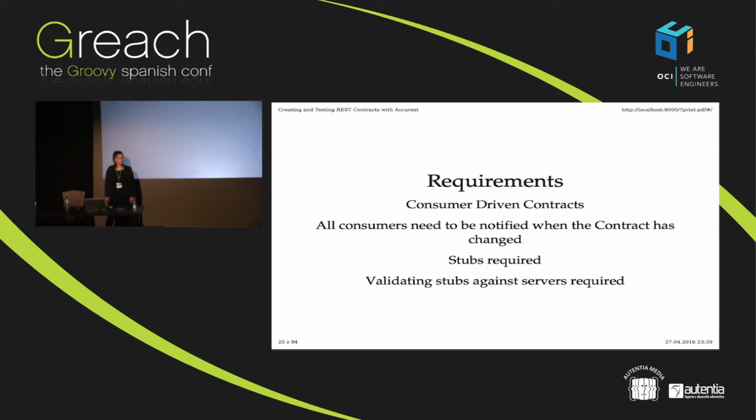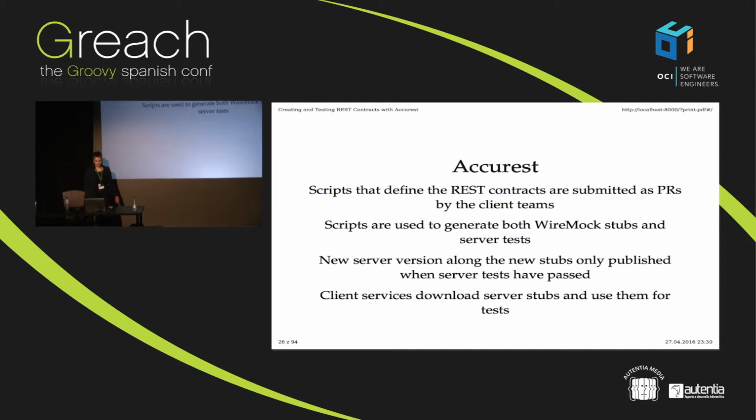And then how Accurest works. Accurest is a plugin. So the idea that we had of this working was that the client service teams would submit these Groovy DSL scripts, defining the REST contracts, to the server team.